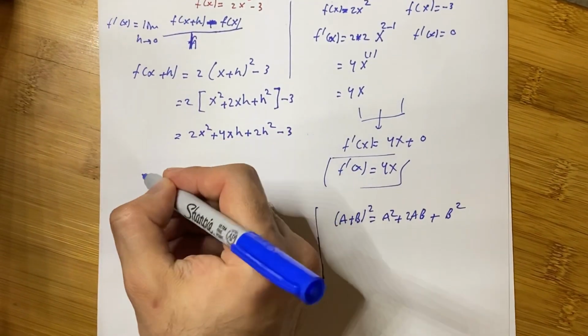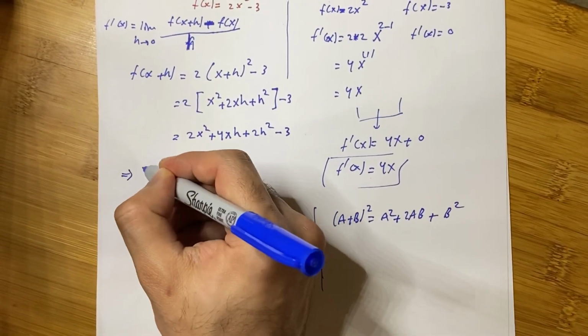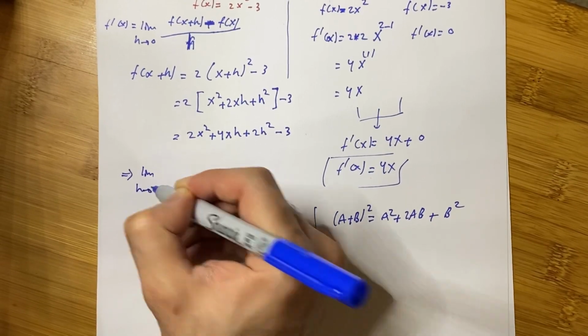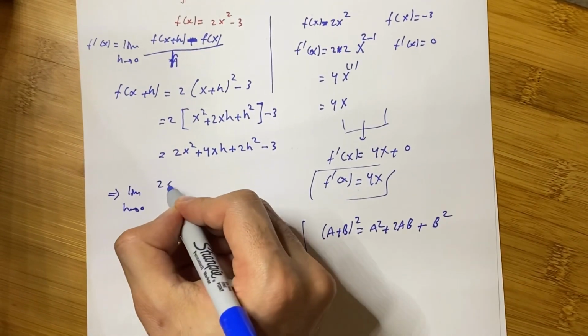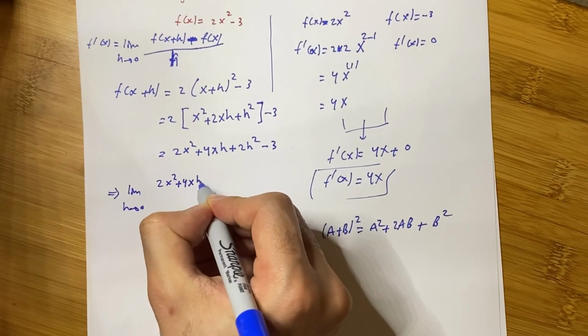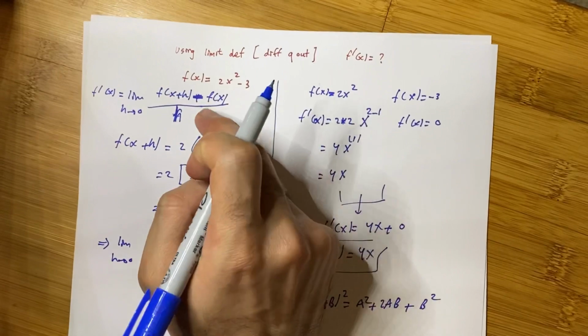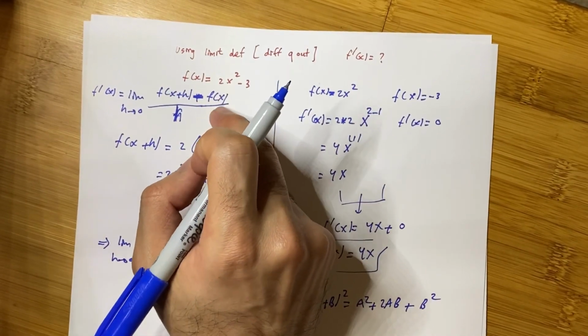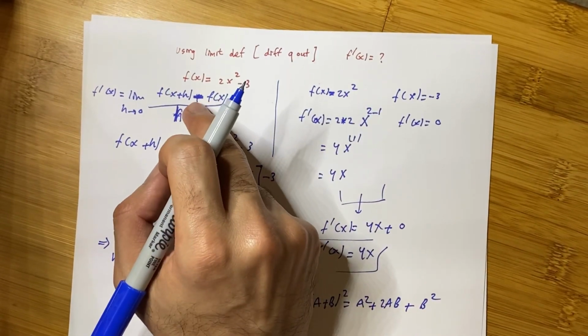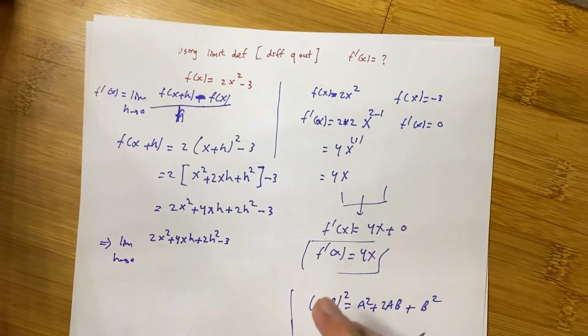So that will be the limit as h goes to 0 of 2x squared plus 4xh plus 2h squared minus 3. Then I'm going to substitute this term by this, but I will multiply this function by a negative.